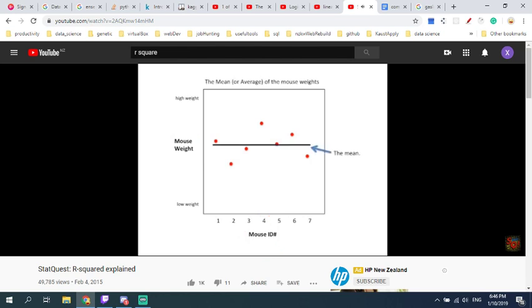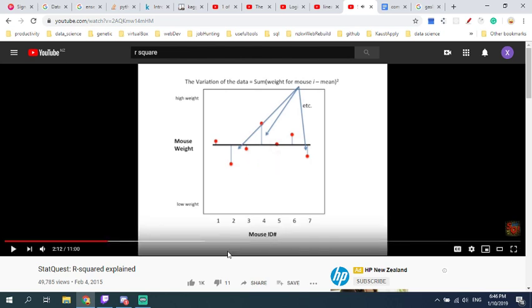We can calculate the mean or average of the mouse weights and plot it as a line that spans the graph. We can calculate the variation of the data around this mean as the sum of the squared differences of the weight for each mouse i, where i is an individual mouse represented by a red dot, and the mean.